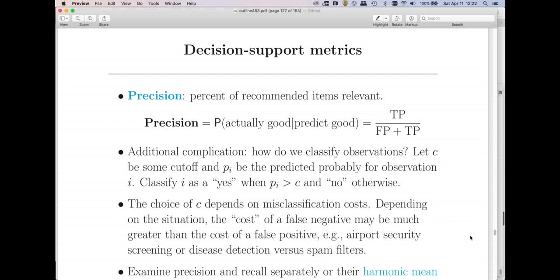All right, now let's consider an alternative setting like airport security screening or maybe breast cancer screening. So let's say we have a patient who comes in and needs a breast cancer screening. And let's think about the cost of a false positive.